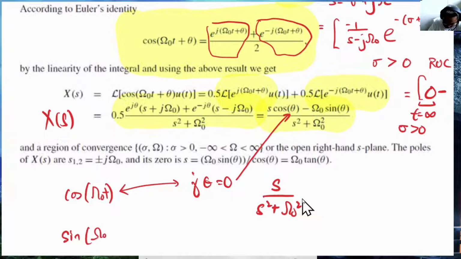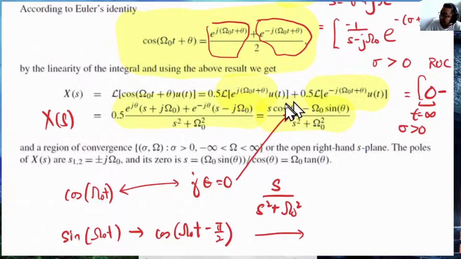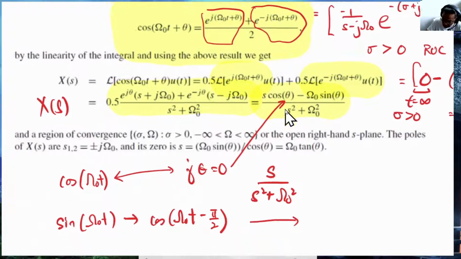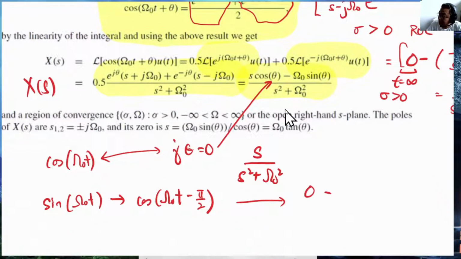Sine omega naught t is simply cosine omega naught t minus pi over 2. So when we substitute minus pi over 2 into theta, cosine gives 0, so s times 0 is 0, minus omega naught, and sine of minus pi over 2 is minus 1, so minus times minus becomes plus, divided by s squared plus omega naught squared.